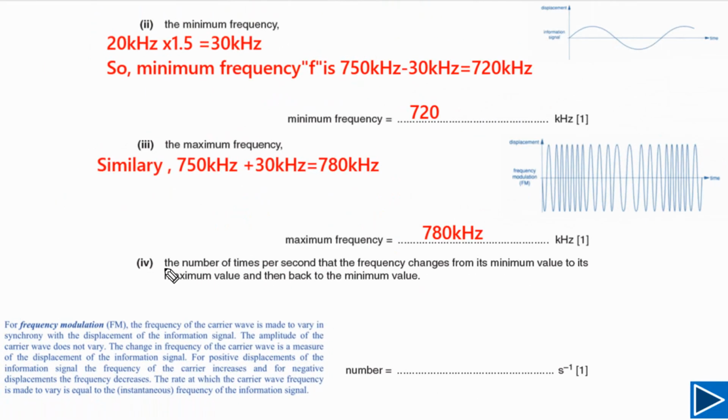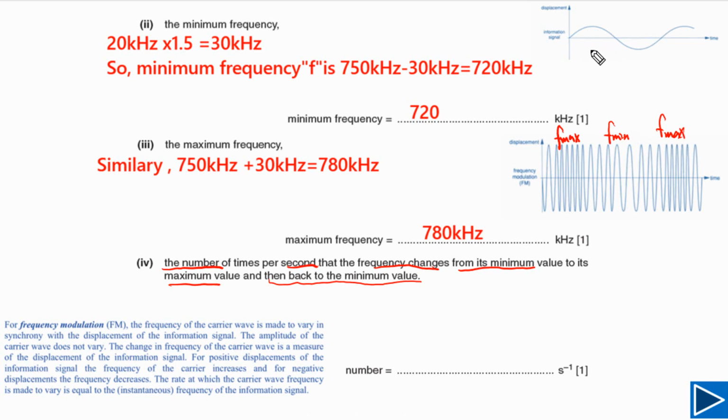The last part is asking us the number of times per second the frequency of the frequency modulated wave changes from its minimum value to maximum value and then back to minimum value per second. If you look at this frequency modulated wave, you can see the frequency here is maximum, then the frequency becomes minimum, and then here the frequency is maximum again.